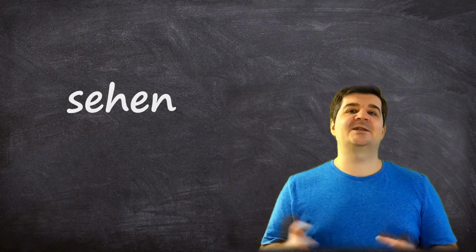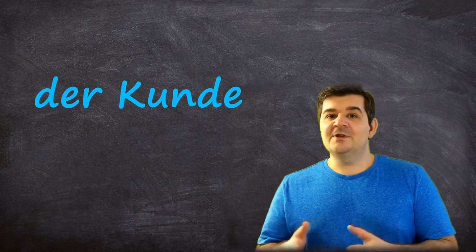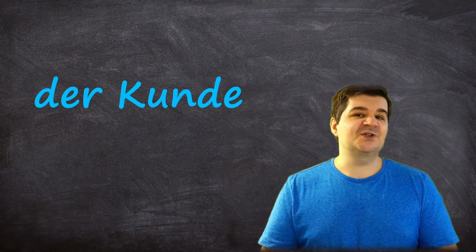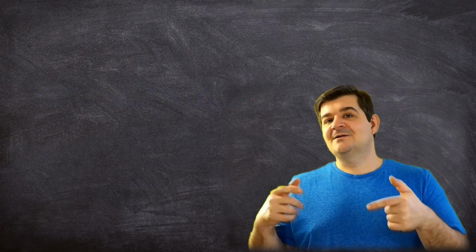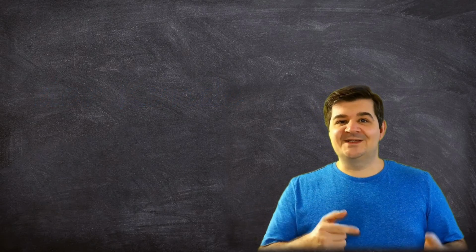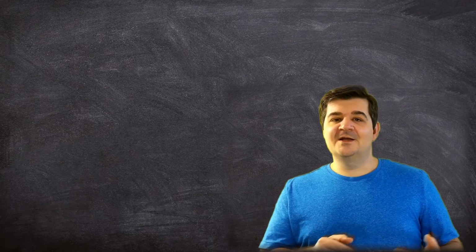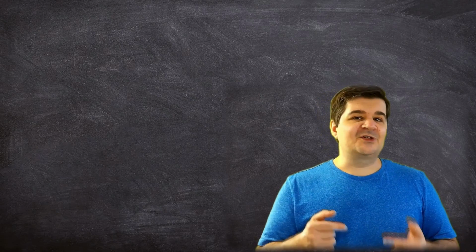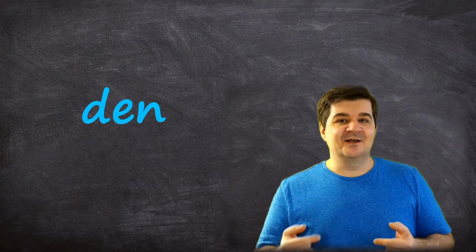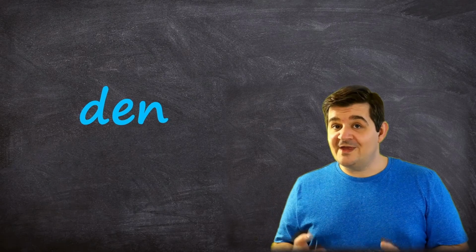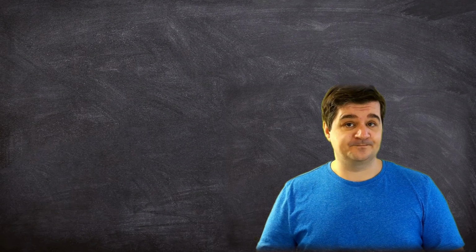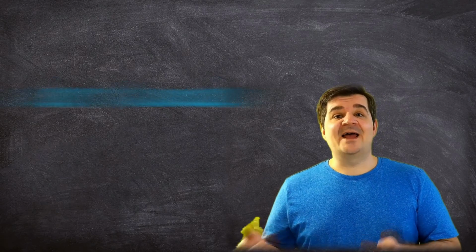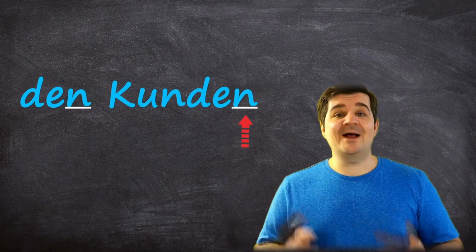So, sehen. Der Kunde, how do we change it to the accusative singular here? Similar to der Baum becoming den Baum, here we again have to change der to den. But what is special for Kunde, and that's why I chose this word as well, Kunde gets an N extra at the end as well.